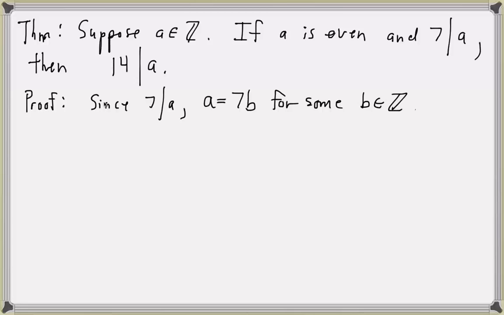Since I've written a as 7 times b, and I know a is even, it must be true that b is even, because since 7 is odd, it can't have a factor of 2 in it. So b must be even in order for the whole product, 7 times b, to be even. So since a is even and 7 is odd, it must be true that b is even.